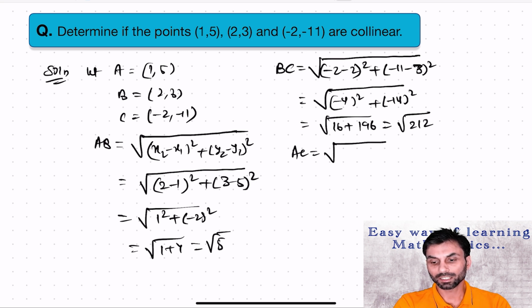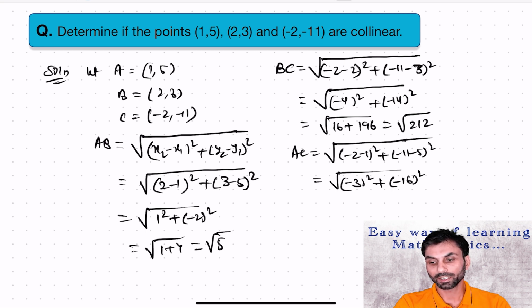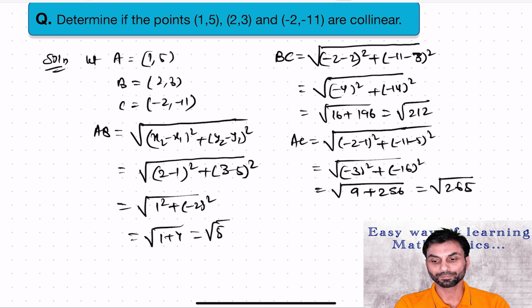The distance between A and C will be (minus 2 minus 1) whole square plus (minus 11 minus 5) whole square, that is (minus 3) whole square plus (minus 16) whole square, which equals the square root of 9 plus 256, which is the square root of 265.